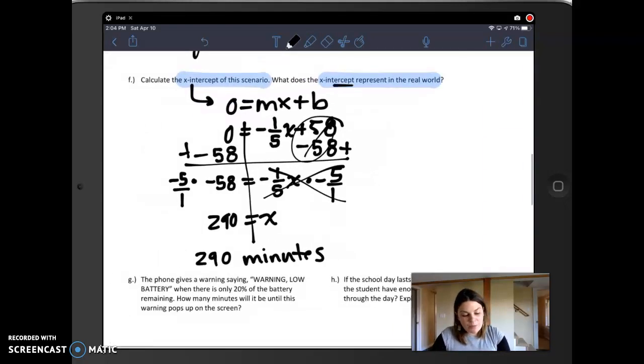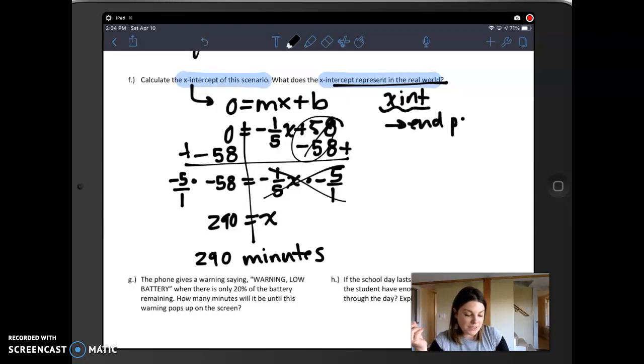But what does it represent in the real world? Well, another way to say x-intercept is to say the end point. Or you can think about it as when your story is over. A lot of times that's what's going on. And so 290 minutes, in our case, that's when y is equal to 0.